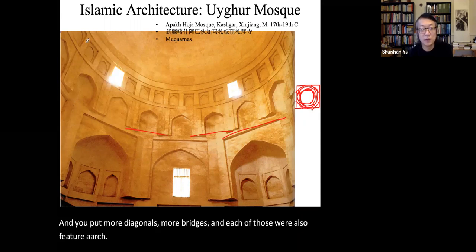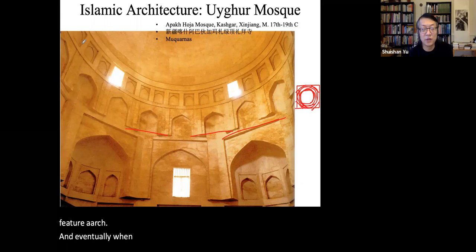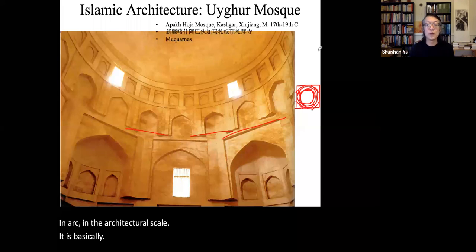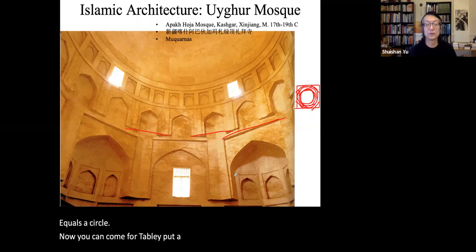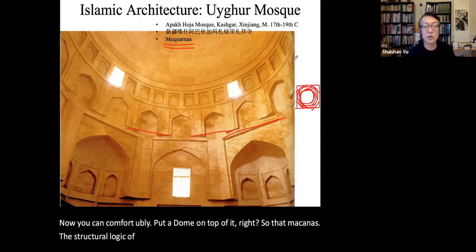And eventually, when that polygon becomes 32-sided, on the architectural scale it basically equals a circle. Now you can comfortably put a dome on top of it, right? So the structural logic of Mukharnas came from that structural need to transfer from a square into a circle.